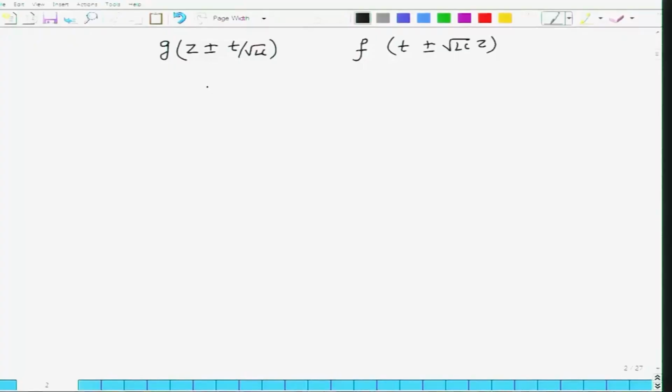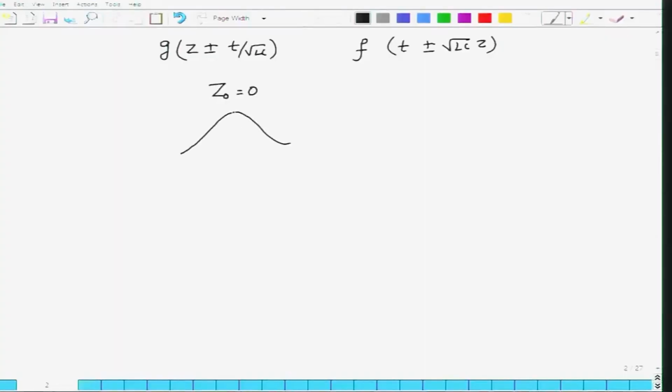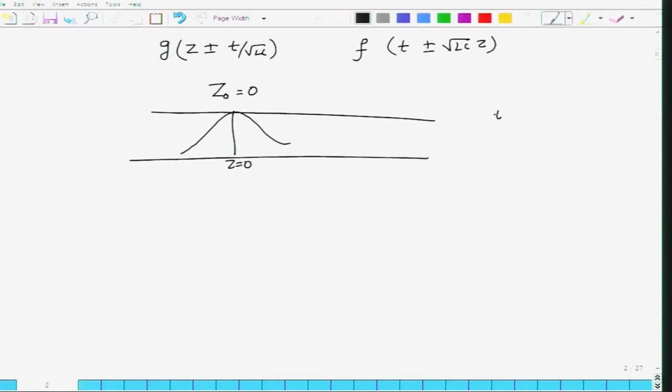For concreteness, we will assume that z0 equal to 0 is the position at which the original function g of z would be peaking, right. So originally g of z would peak at z equal to 0 along the transmission line. Okay. Now this was the situation at t equal to 0. Now as I increase t from 0 to delta t, my function has shifted by delta t by square root LC.